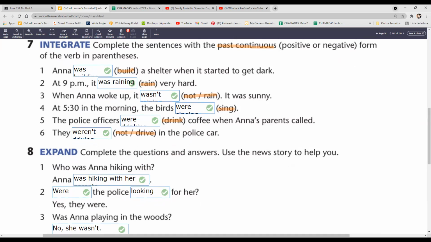Oh my God. Oh gosh, that was so funny, guys. I have to tell you this. That was really funny.